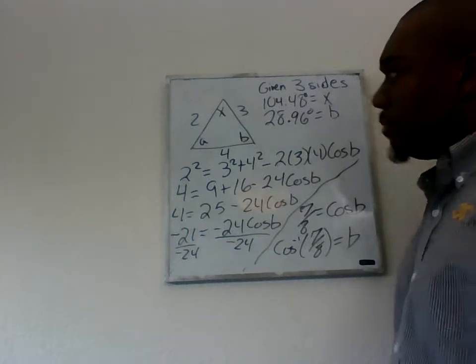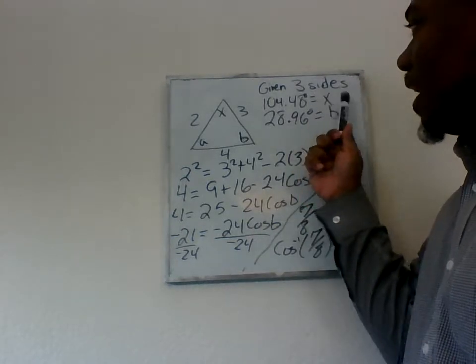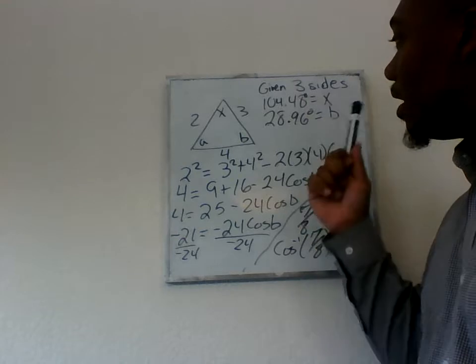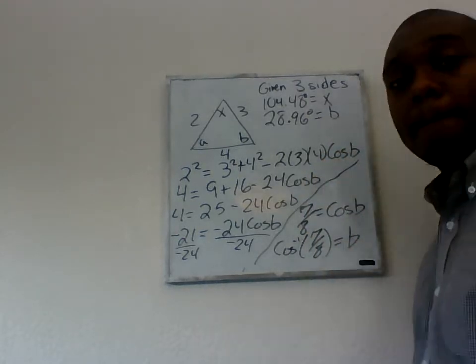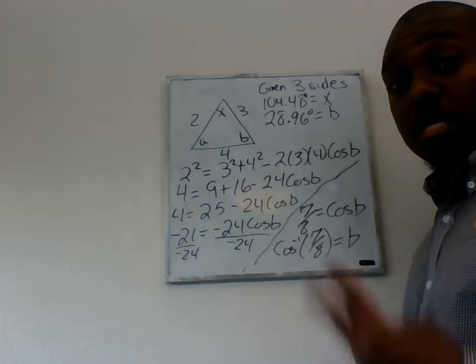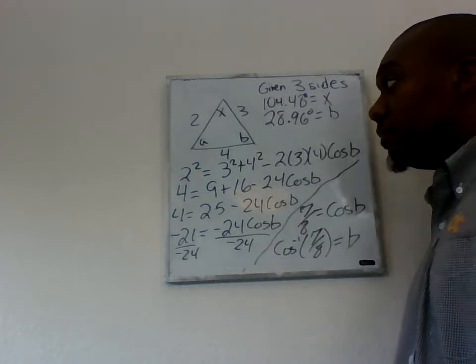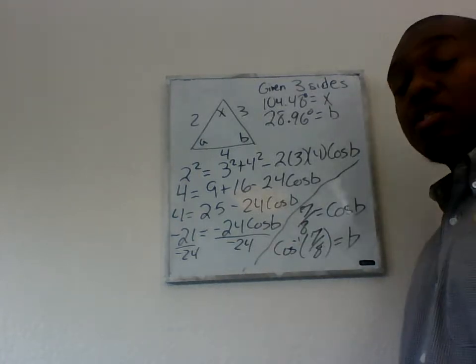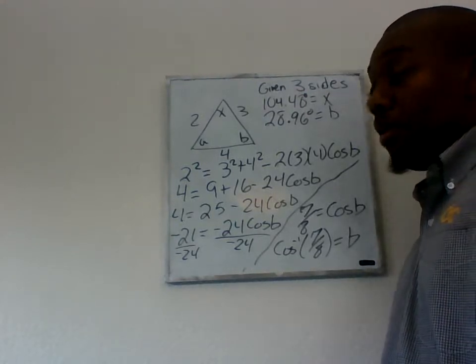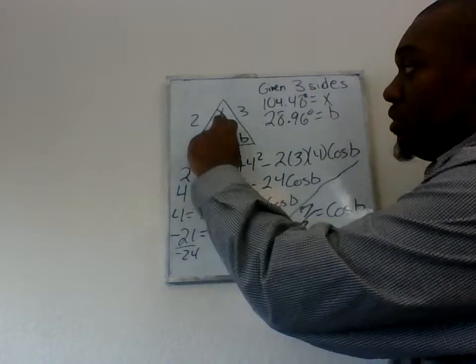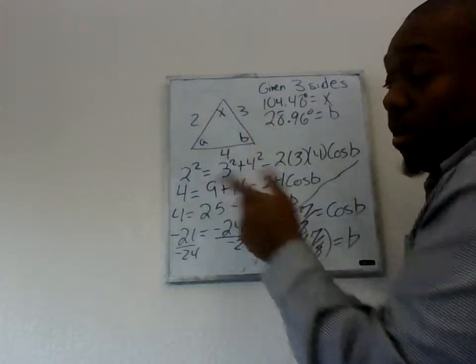Okay. So knowing that X is 104.48, that B is 28.96, how could we find A? Yes, there are two ways for us to do this. Honestly, there's three ways that you could do this. We could use law of sines to find out what angle A is, because we already have these two angles, and we have all the sides.